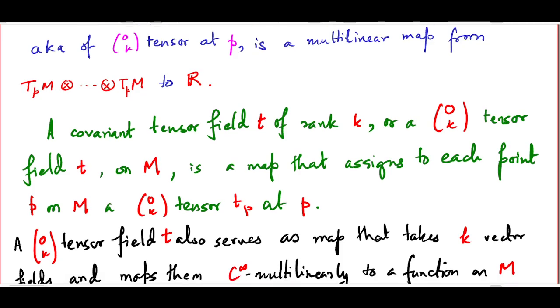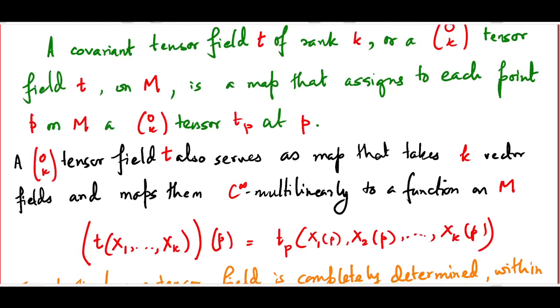And this definition immediately leads to an equivalent statement that a 0K tensor field T can also be seen as a map which takes K vector fields and maps them in a C-infinity multilinear fashion to a function on M, where the function's value at the point P, this function T of x1, x2, xk at the point P, is nothing but the value of the tensor field T at the point P, namely Tp, acting on the tangent vectors at the point P which are obtained by taking the value of x1, x2, etc. respectively, each at the point P.